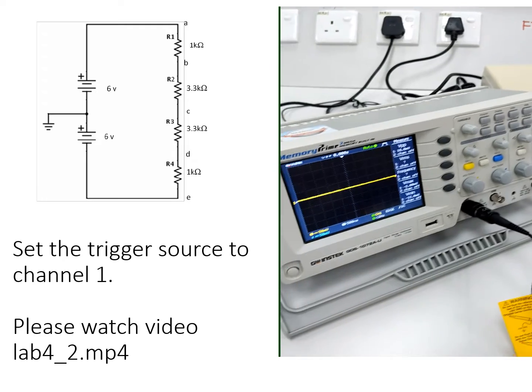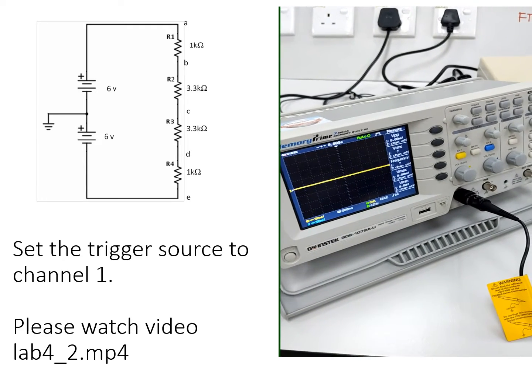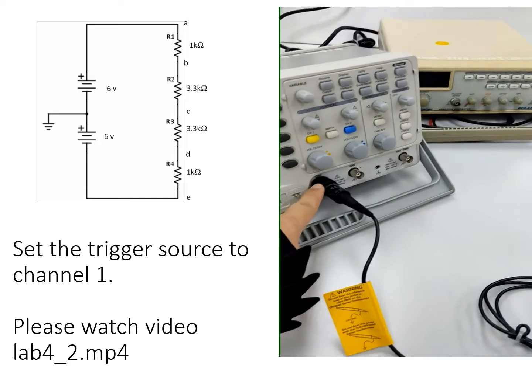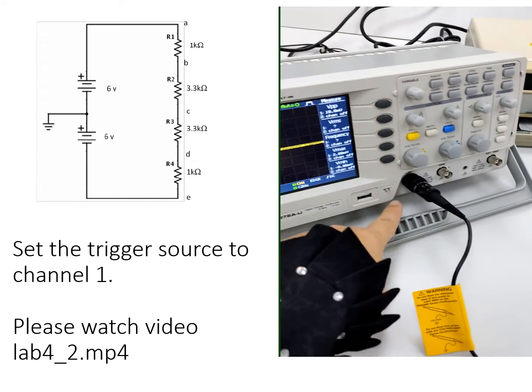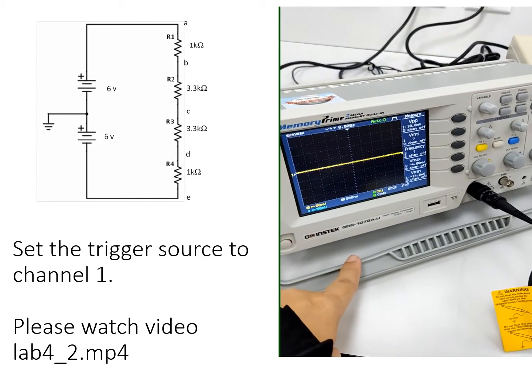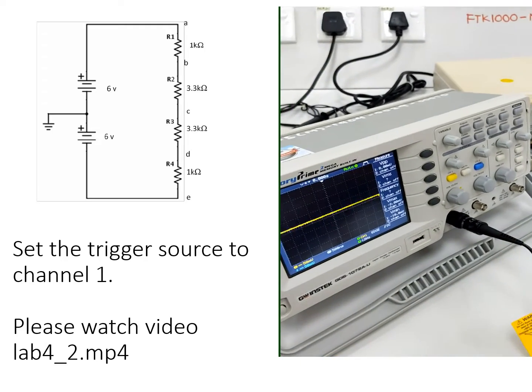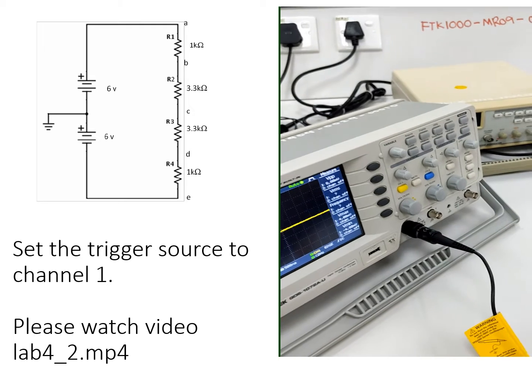So this is the oscilloscope. We need to connect the probe at channel 1. After this we will do the measurement with our circuit by using the oscilloscope and DC power supply.